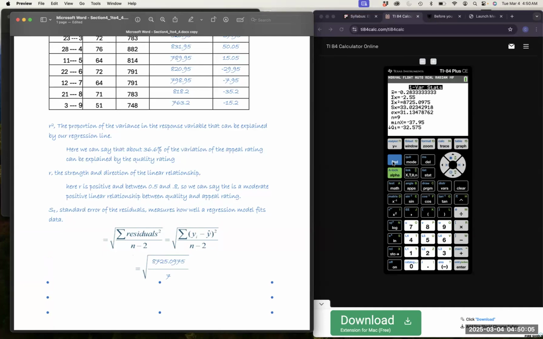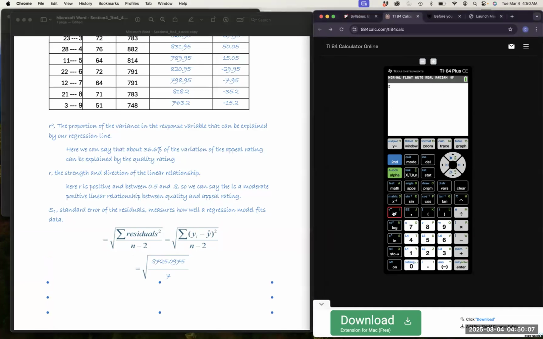So I'm going to do second square root, clear that, then press second square root, and I can really type it in as it's written. So I have 8725.095 divided by 7.